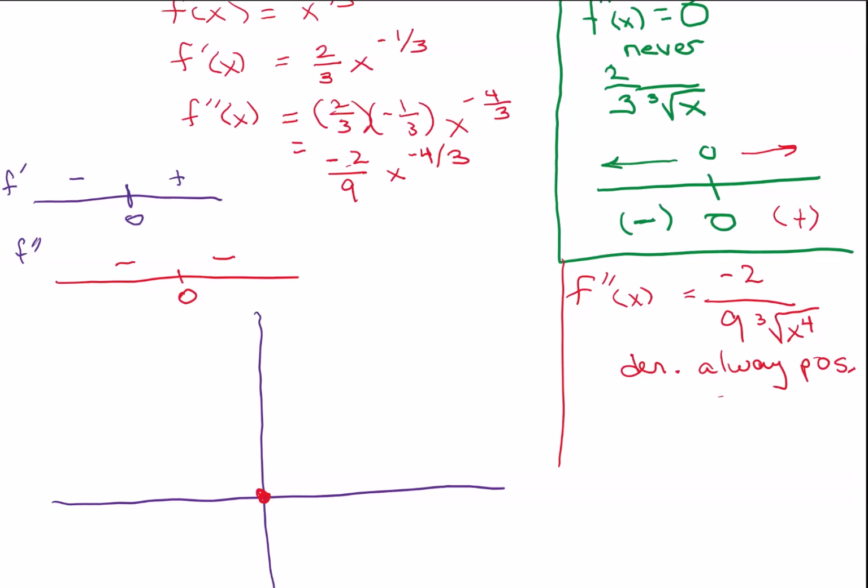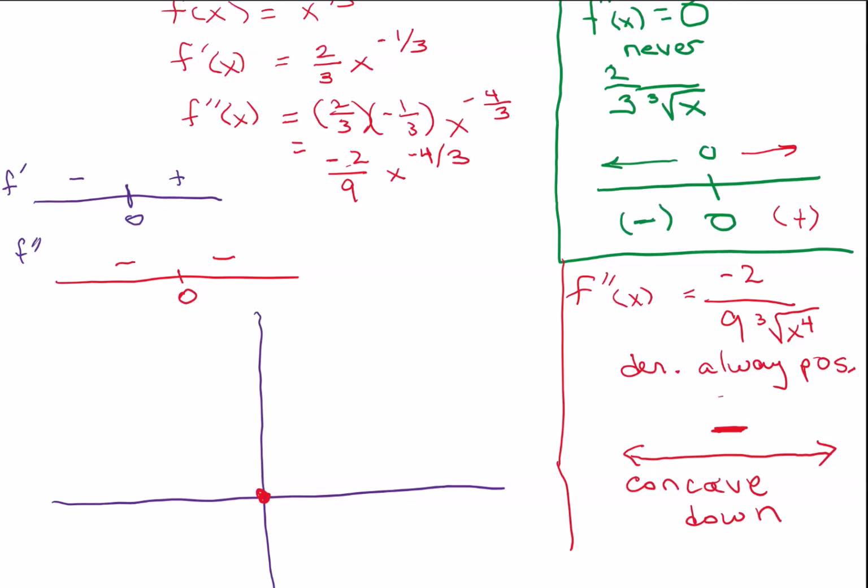First, take that to the 4th power, which always gives me a positive value, but this whole thing is negative, which means the function is negative everywhere, from negative infinity to positive infinity. That means it's concave down.